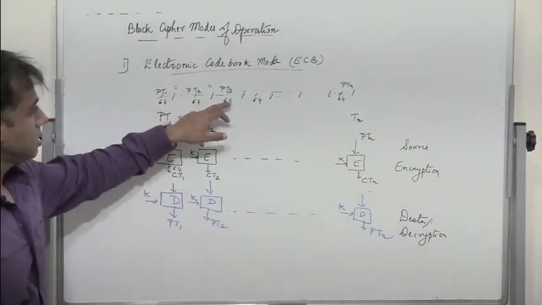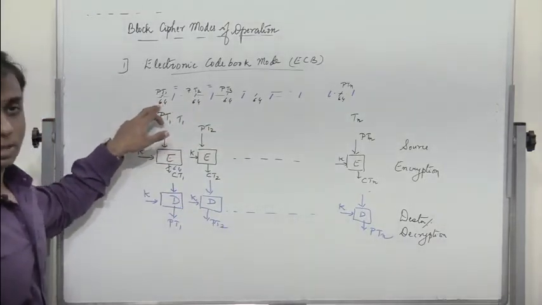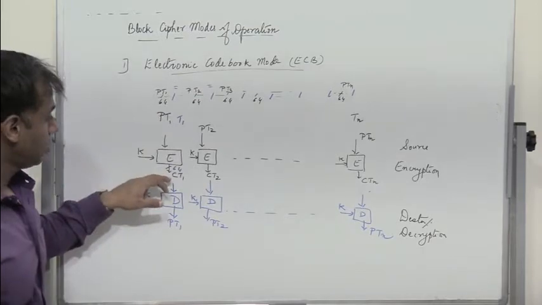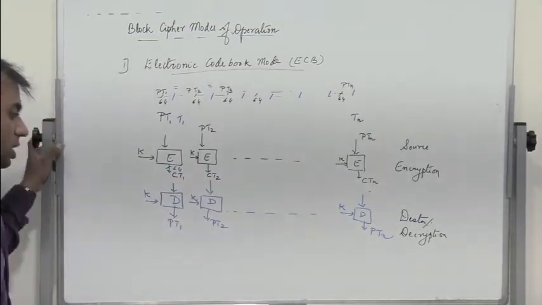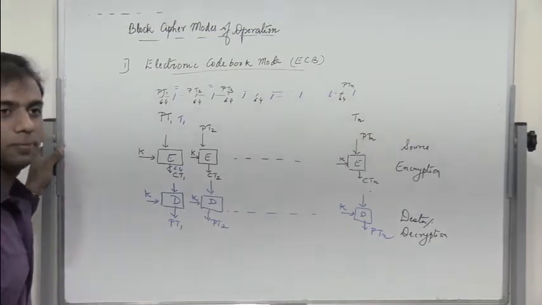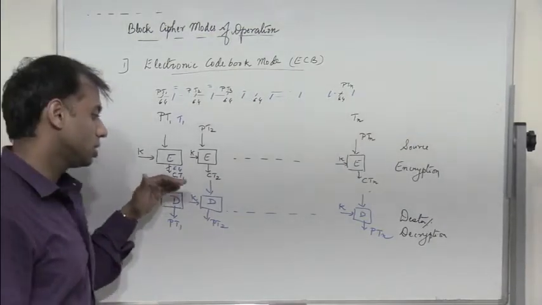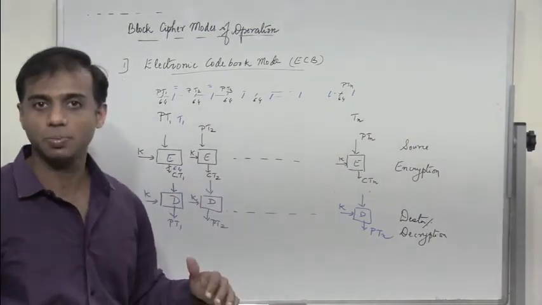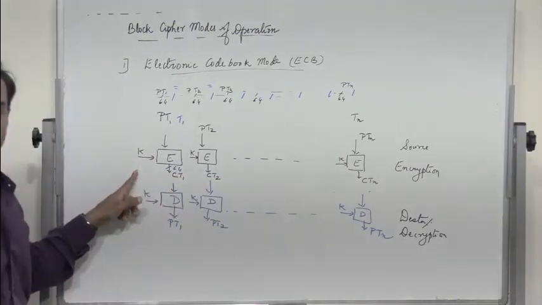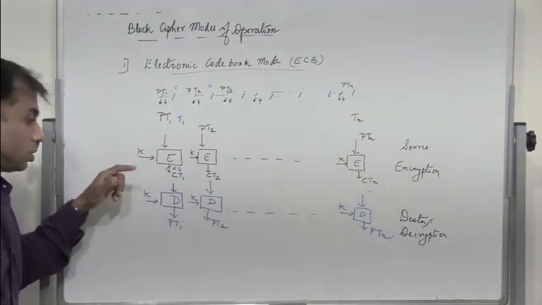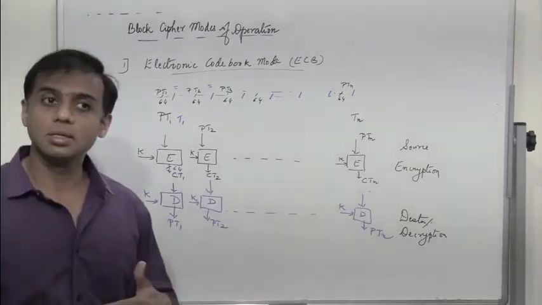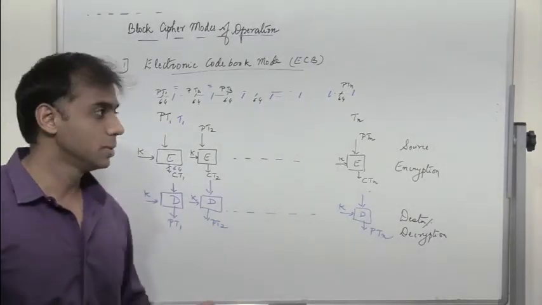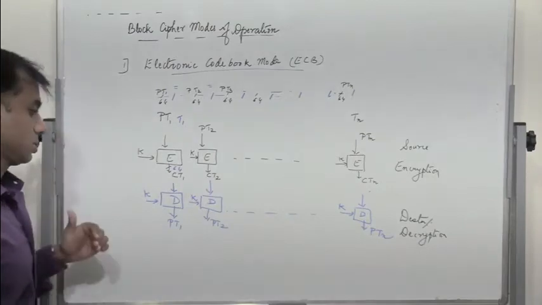If all these three plain text blocks are the same, then I would have CT1 equal to CT2 equal to CT3. The same 64-bit block of plain text produces the same ciphertext block if I am using the same key. This gives the cryptanalyst a possibility to exploit and predict the plain text.